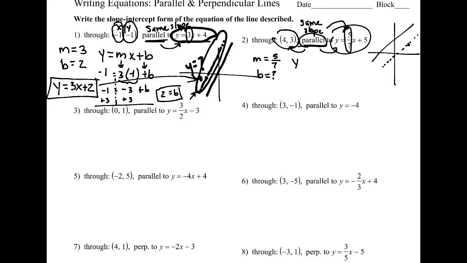So y equals mx plus b, and we're going to use that m is 5/7, and we're going to replace x with our x value from the coordinate, and we're going to bring down b because we don't know the b of that second line. We don't need the b of the first line, we're trying to find the b of that line. And then our y value is 3.